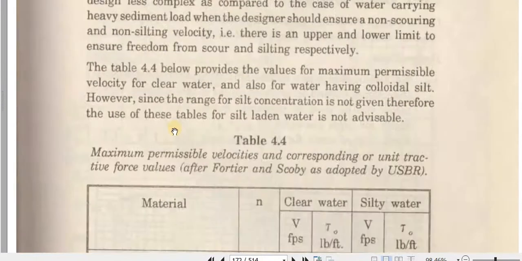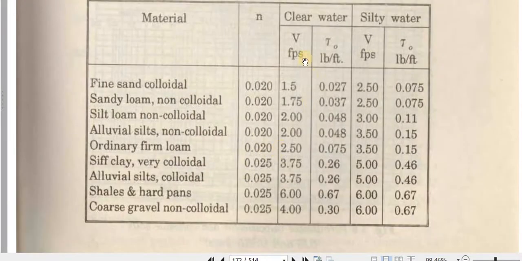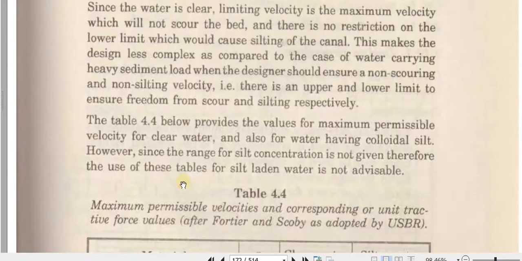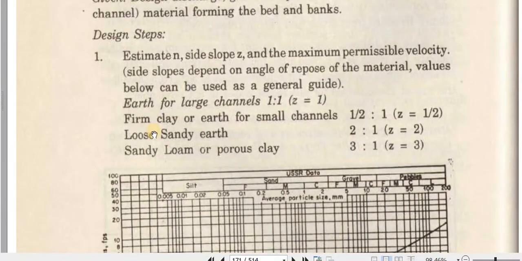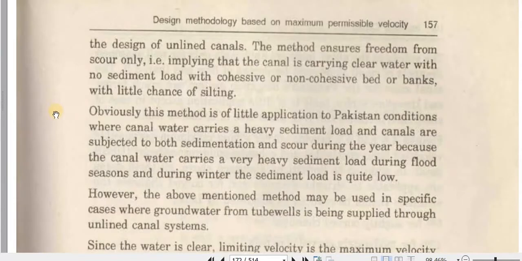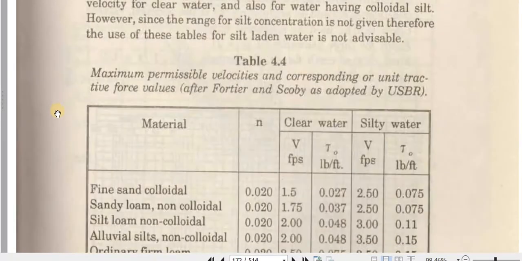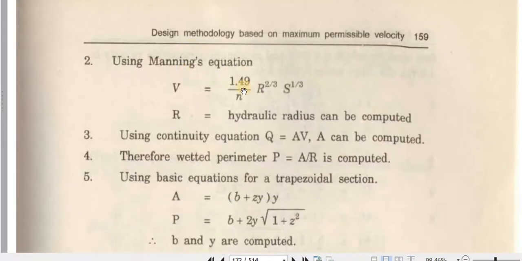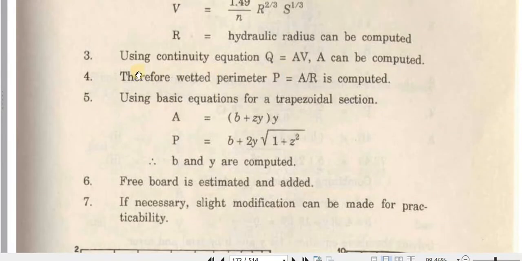And then this is the table. This is the clear water and this is the silt water velocity, and tau naught against the soil types. And then we have to use the side slope as given, and then we have to use the Manning equation to calculate R, the continuity equation, the wetted perimeter, and basic equations to find out all the other parameters.